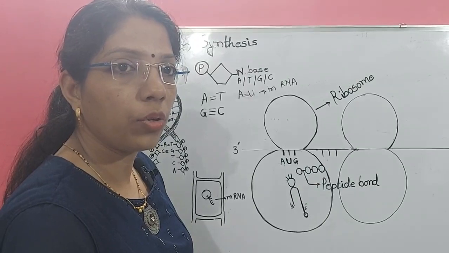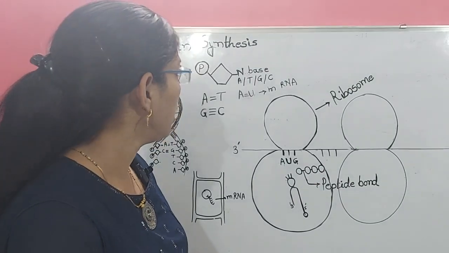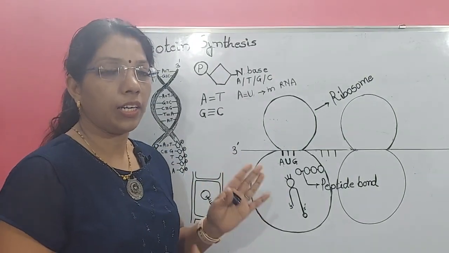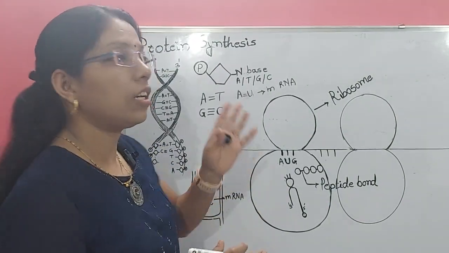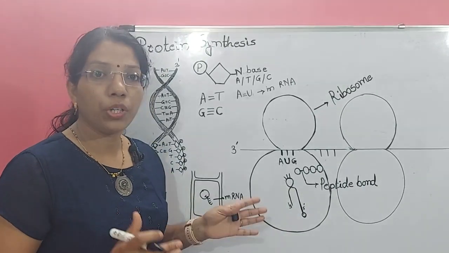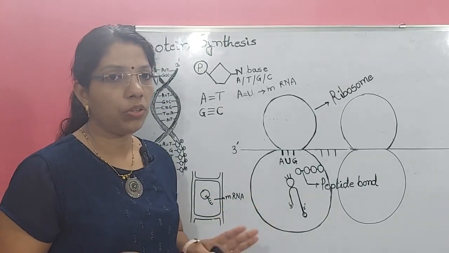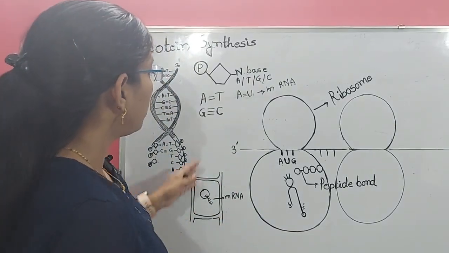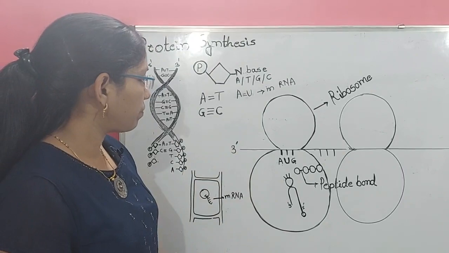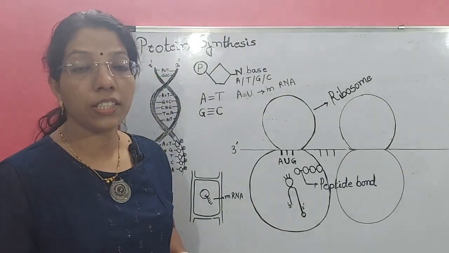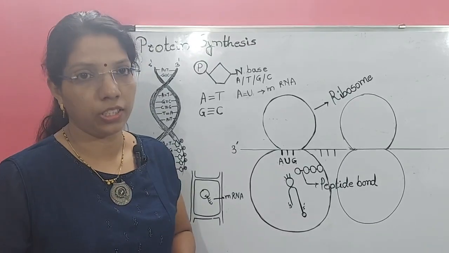If it is asked in the board examination or any examination, you have to define proteins as the chain of amino acids. Then we will define the central dogma of protein synthesis.